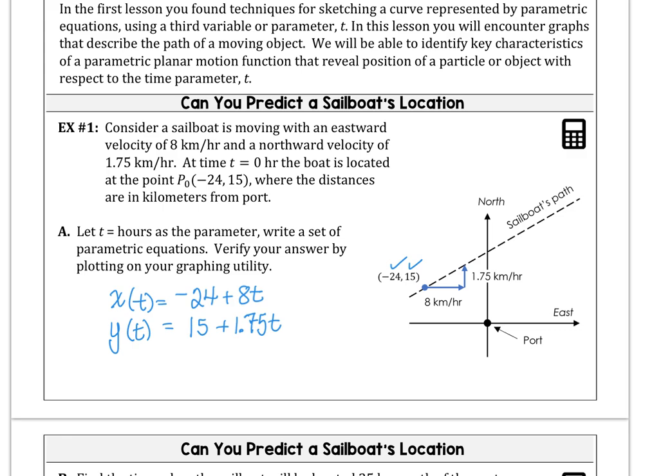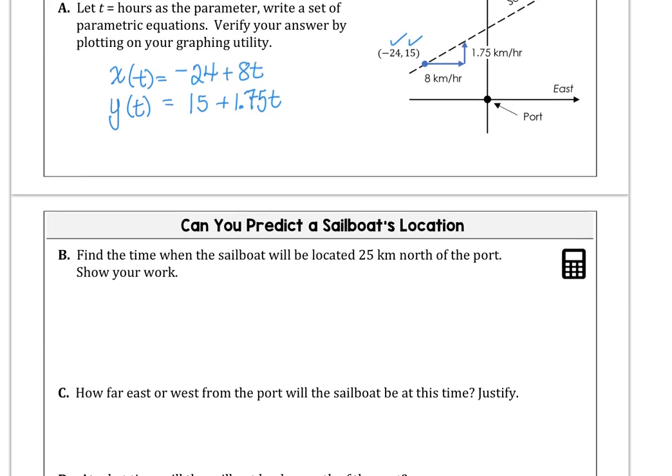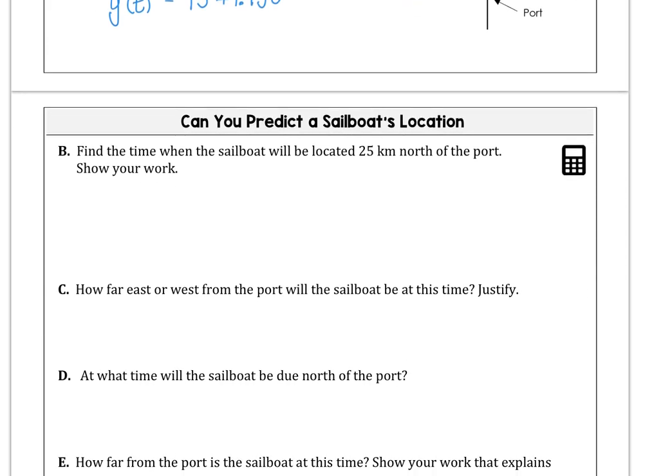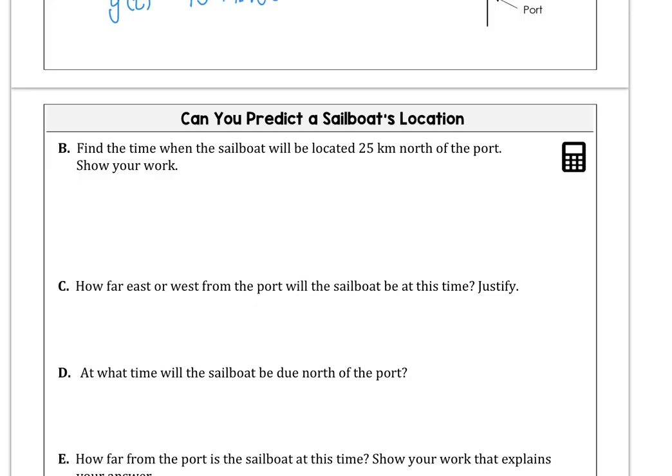In part B, we want to find the time when the sailboat is located 25 kilometers north of the port. So north 25, we want to set our y coordinate 15 plus 1 3/4 t, set that equal to 25.